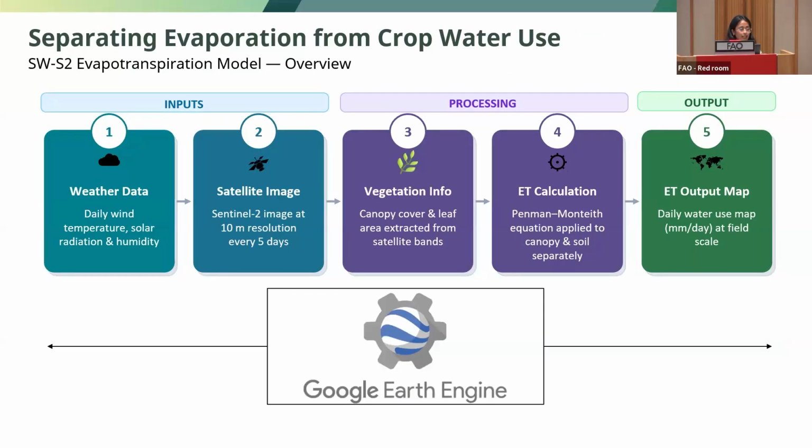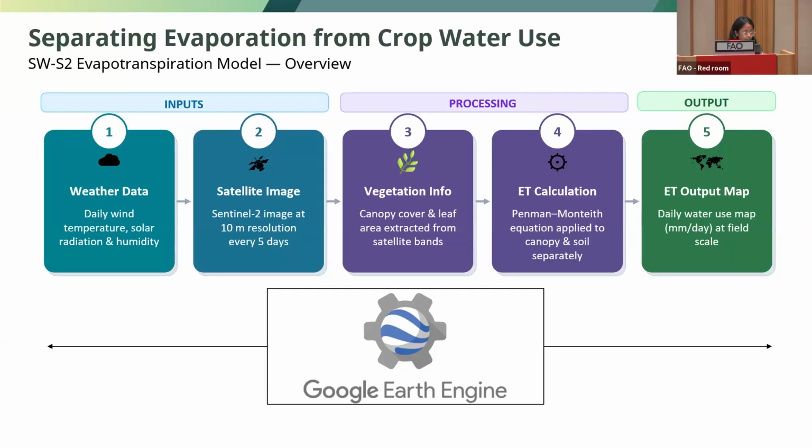So this is a general overview of the model. The two key inputs that get fed into the model are the weather data and the satellite image. For the weather data, we generally use wind, temperature, solar radiation, and humidity, whereas for the satellite image, we specifically use the Sentinel-2 image that has a resolution of 10 meters and a revisit time of 5 days.